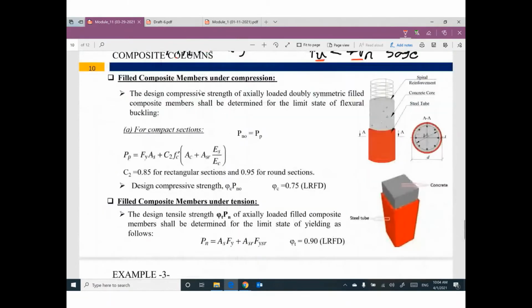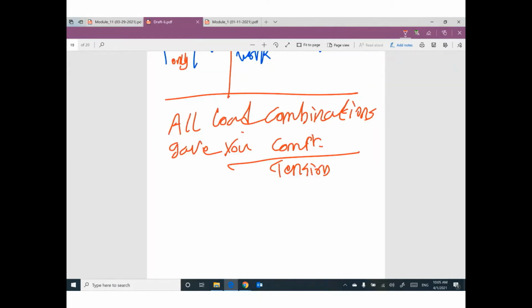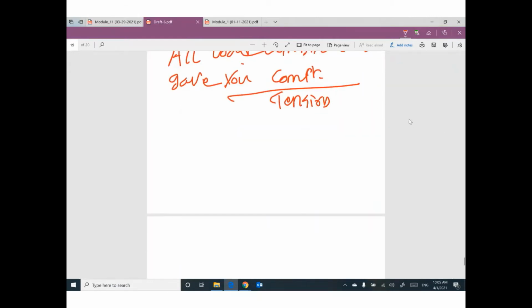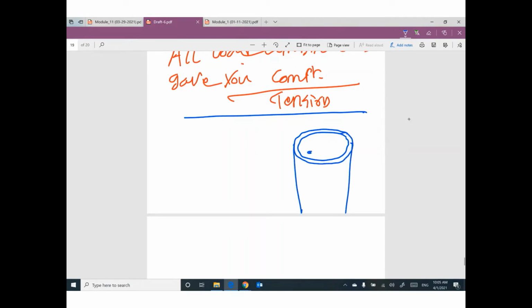The second type of column, which you called filled composite member. The filled composite member is common in this scenario. We have a steel tube filled with concrete. That's all.